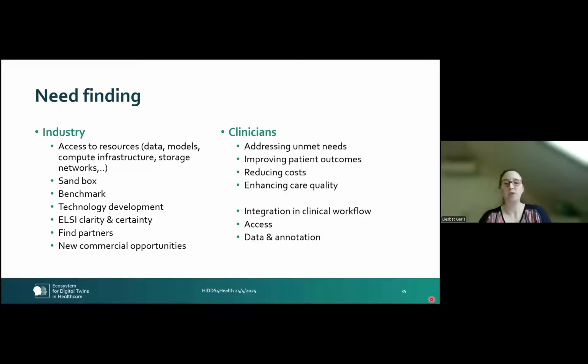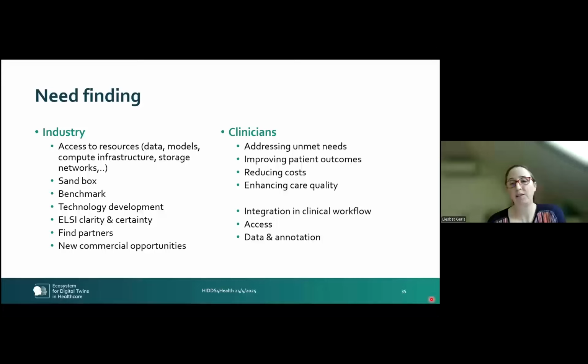When talking to clinicians, they clearly wanted solutions for their unmet medical needs. They wanted it to improve patient outcomes, to reduce cost and enhance care quality, and also assist in providing care in a context where you have an aging healthcare provider population, and also a reduction in the amount of time that people have.